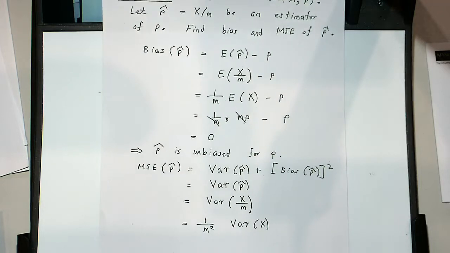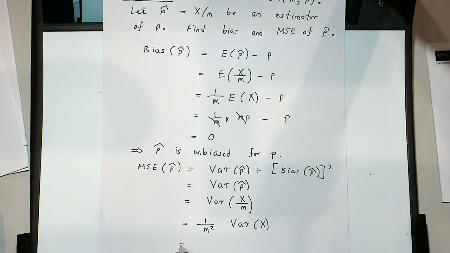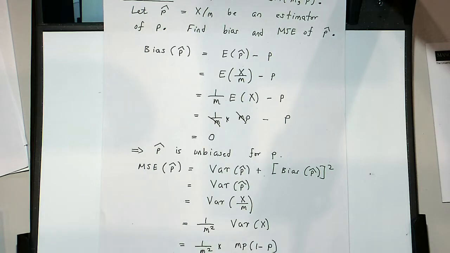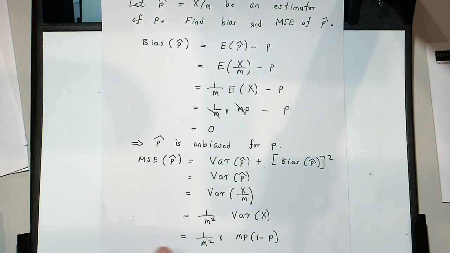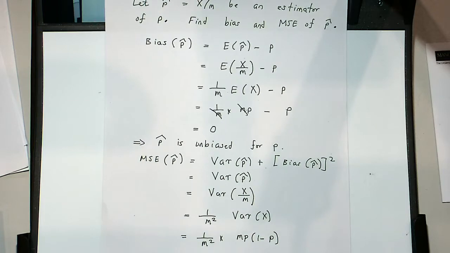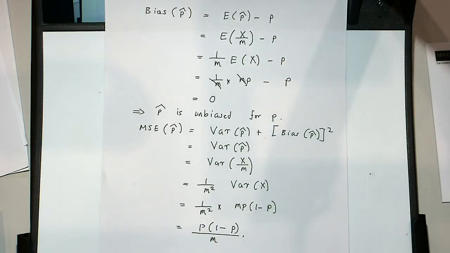Yes? Now, I'm sure all of you know the variance of a binomial. What's the formula for the variance of a binomial? It is mp times 1 minus p, right? So this will become p times 1 minus p divided by m, right?